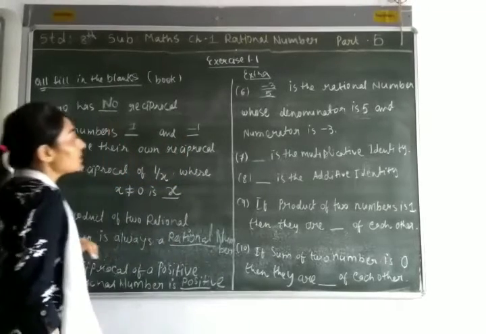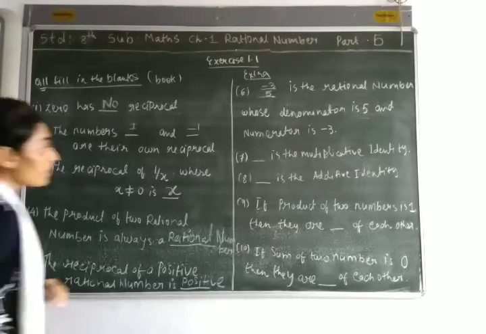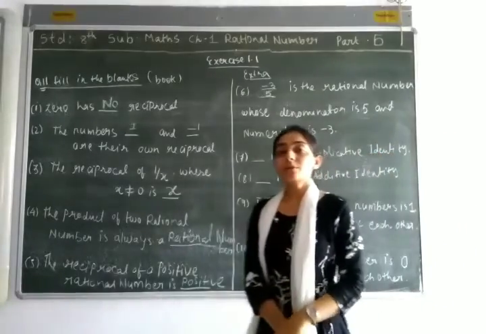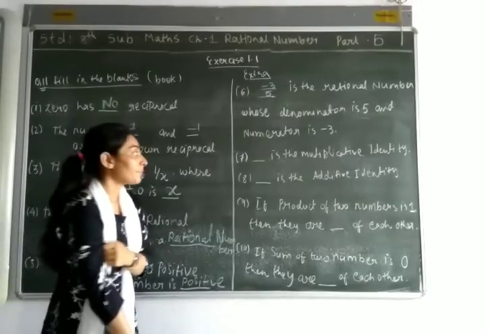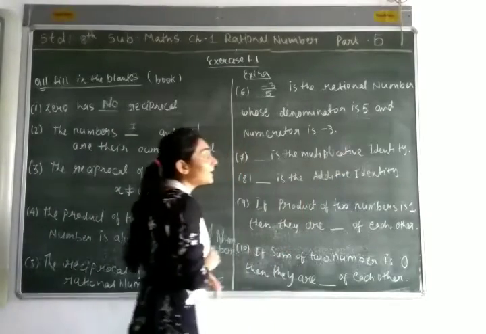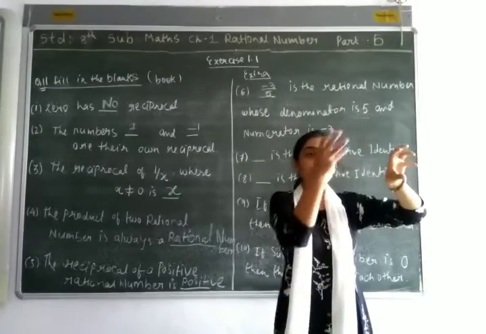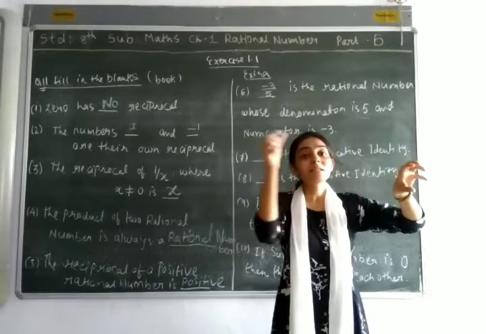Now the next one, blank is the multiplicative identity. Don't get confused between multiplicative identity and multiplicative inverse. Identity means when you multiply any number with that number, you get the same number only.